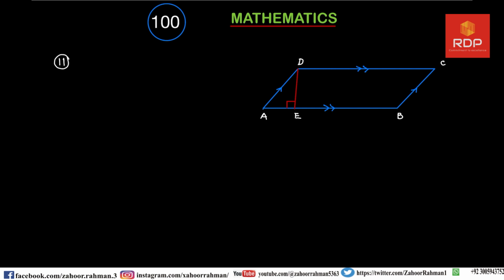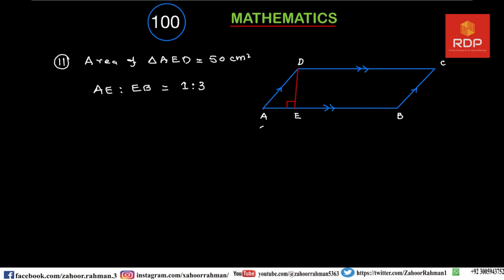If the area of triangle AED is equal to 50 centimeters square, and the ratio of the length AE to EB is 1:3.